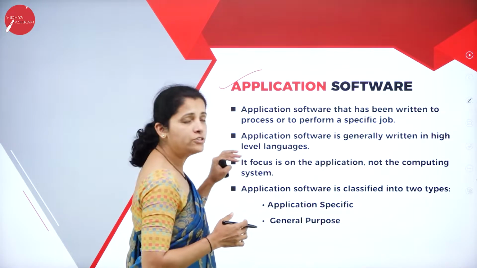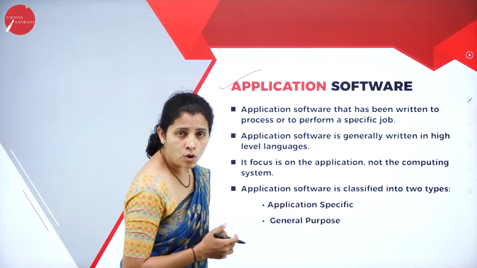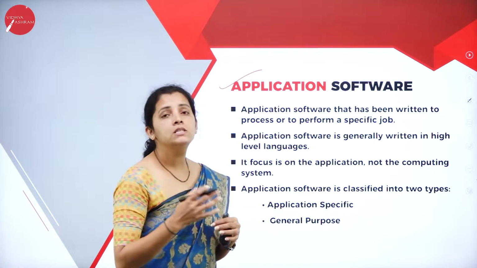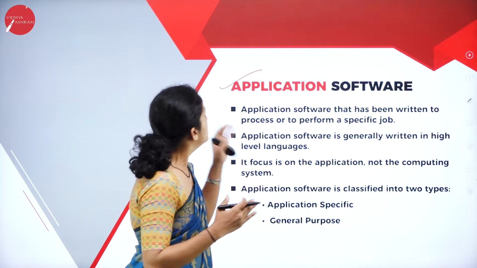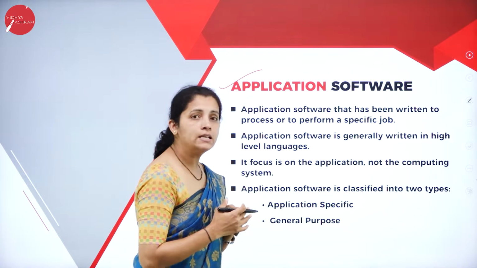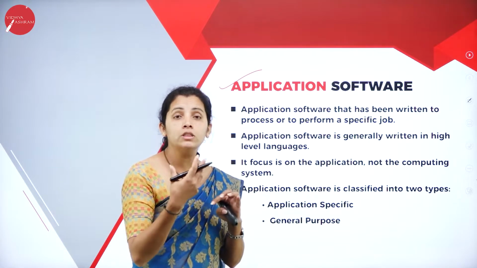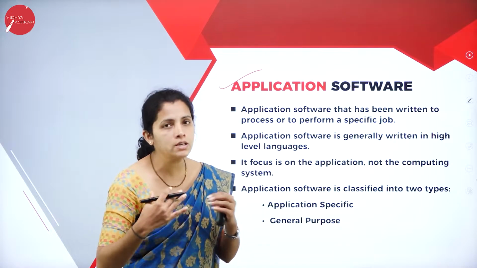So here, application software is the software or computer program that is used to perform some specific task. In general, application software is nothing but software that is designed based on the user requirement or user need.